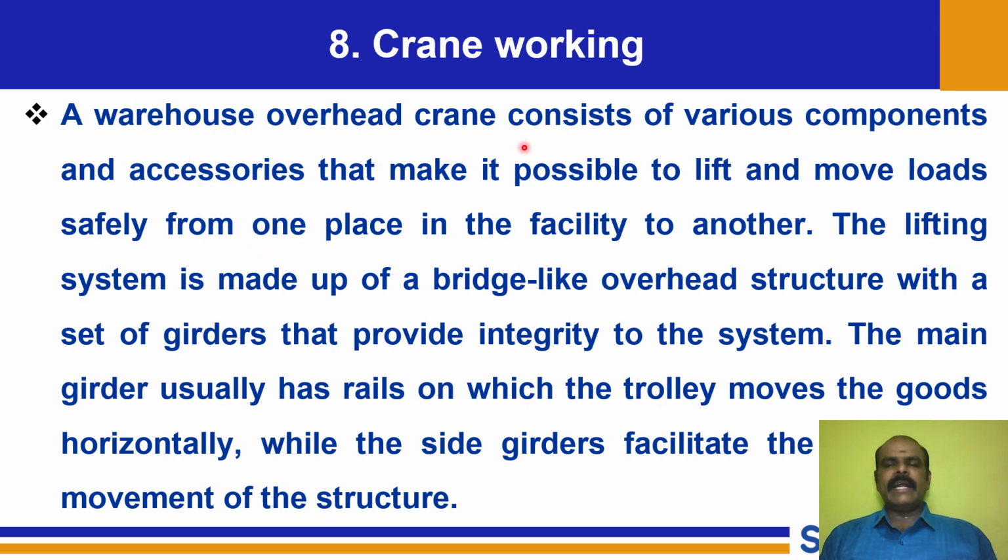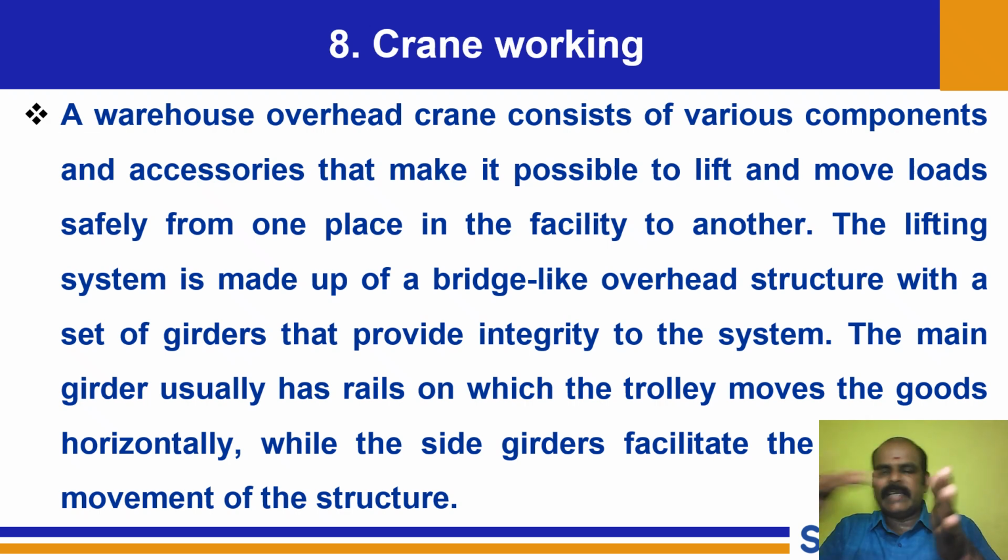A warehouse overhead crane consists of various components and accessories that make it possible to lift and move loads safely from one place in the facility to another. So from one point it takes the load to another point in the horizontal direction in either case, and vertically. So it works directly. The lifting system is made up of a bridge-like overhead structure, connected at either end.